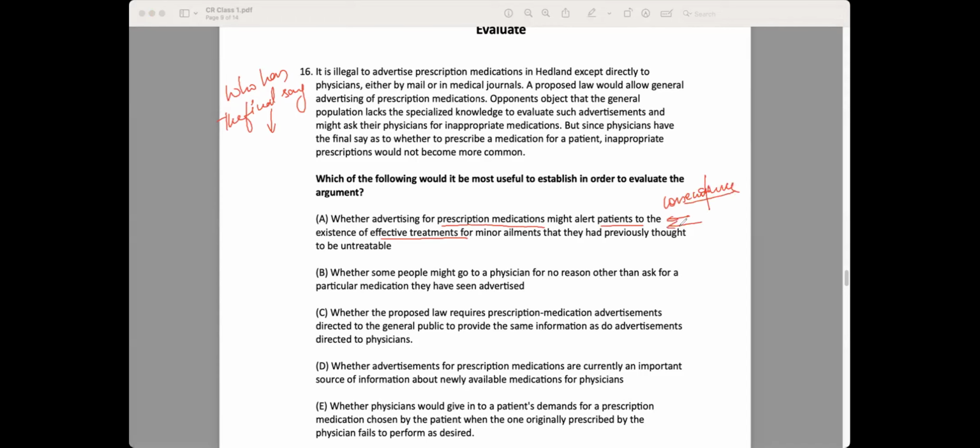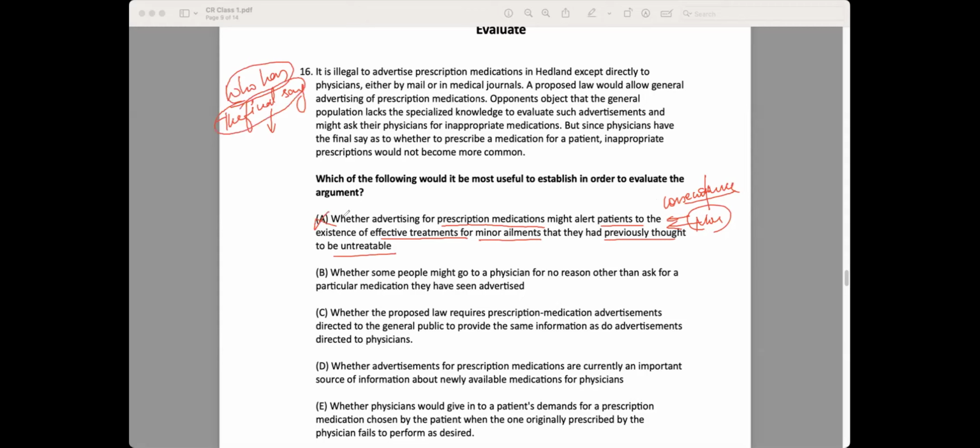The only consequence it can have is whether patients will go to the doctors more frequently as in for those ailments for which they were not going earlier. Okay. It doesn't tell me who has the final say. It doesn't affect that thing. It doesn't tell me that thing.